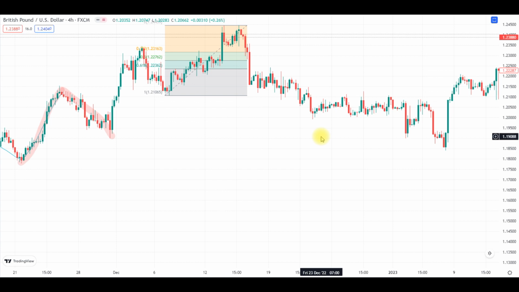So there's no guarantee that if the pullback comes down to 38 to 62% there's a continuation of the ongoing trend. There's no guarantee that the market is turning at that point. It's only a tool to find the highest possibilities for the turning points.